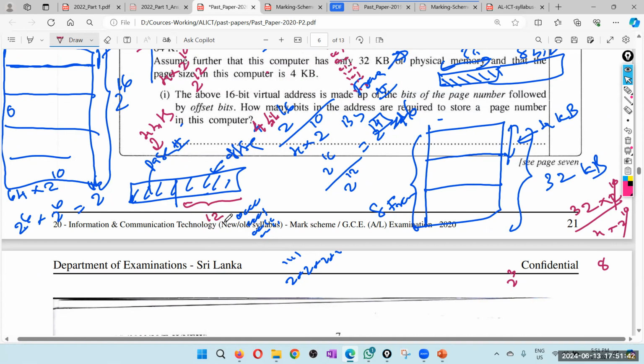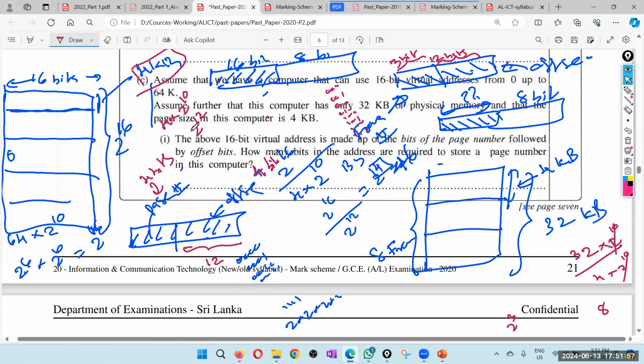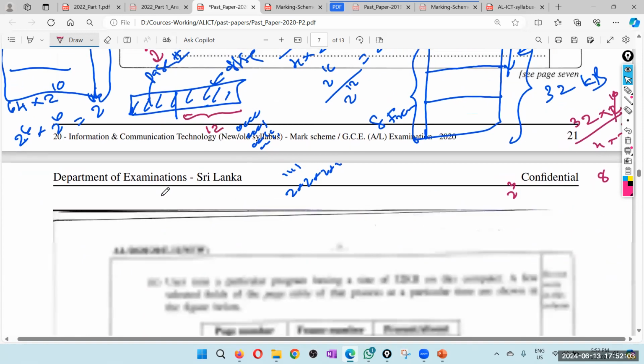So that is correct. Or we have already calculated, but this is just additionally they have given. Actually, we don't need that. We have already found that you need 12 bits for offset because there are 2 to the power 12 entries in a page. Right? Anyway, they have given it in another way also, if you missed it in the previous approach. Right.